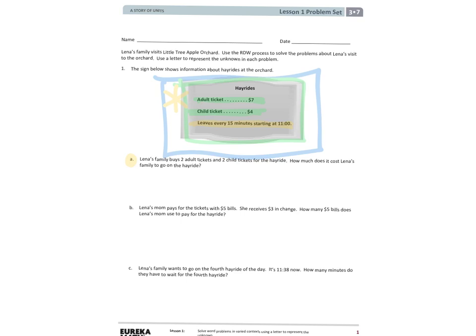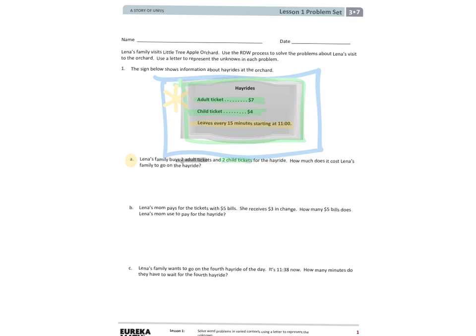Lena's family buys 2 adult tickets and 2 child tickets for the hayride. How much does it cost Lena's family to go on the hayride? Okay, so I know I need 2 adult tickets and 2 child tickets.